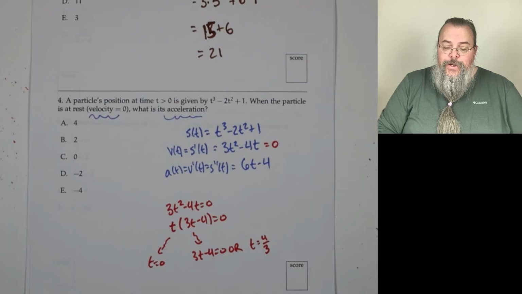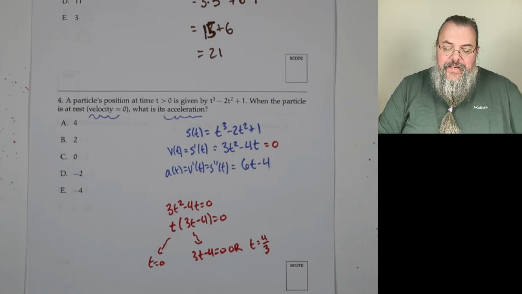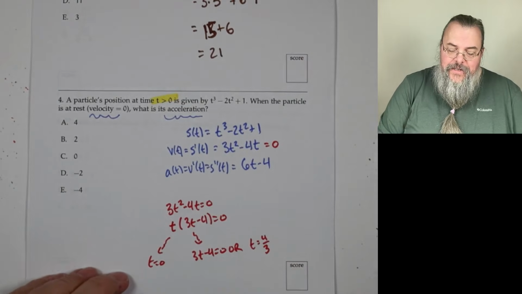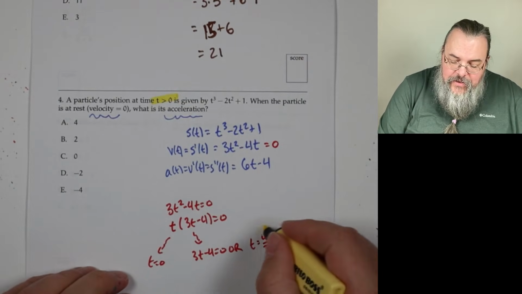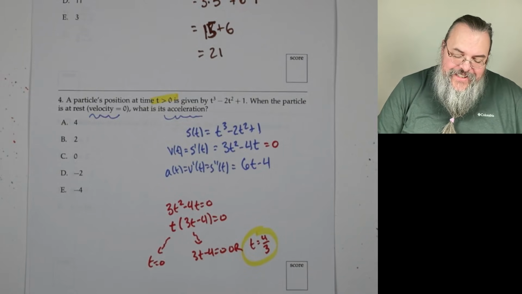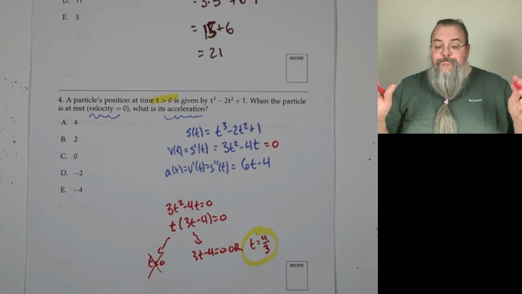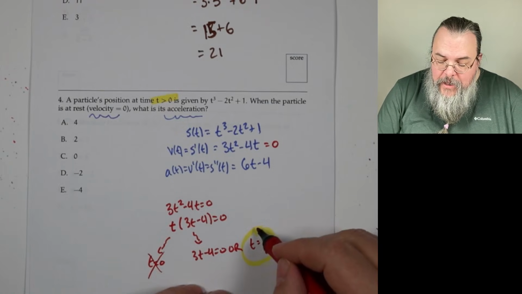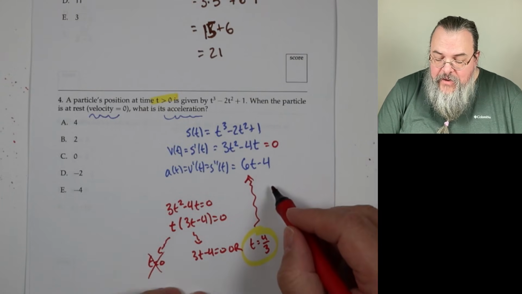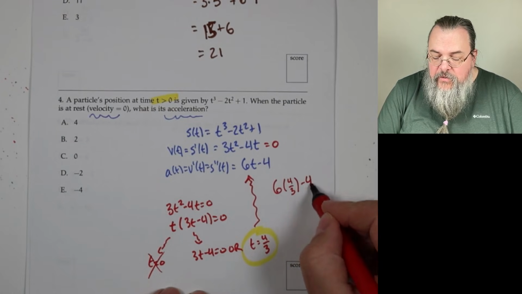Now, which one is the one we want? Notice they added something here. They said time greater than 0. Well, 0 is not greater than 0. So this one, gone. So we are going to plug 4/3 into acceleration. So we're going to get 6 times 4/3 minus 4.